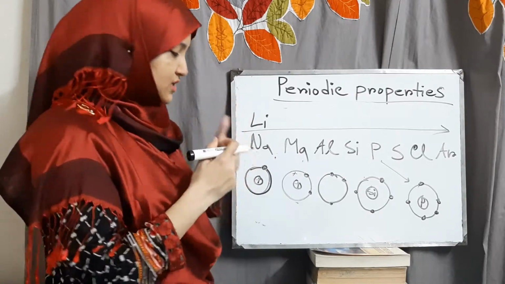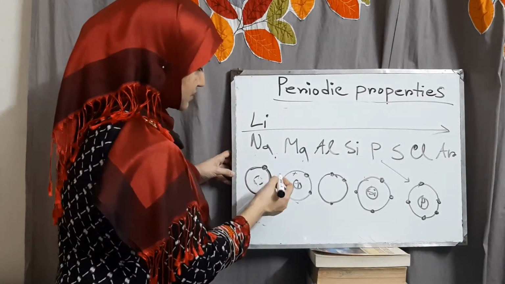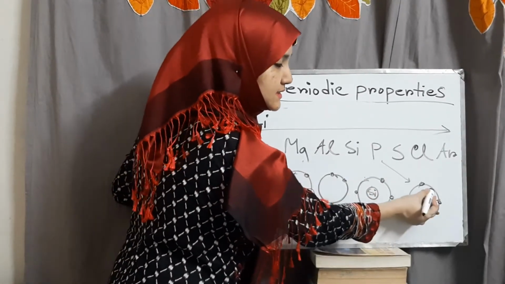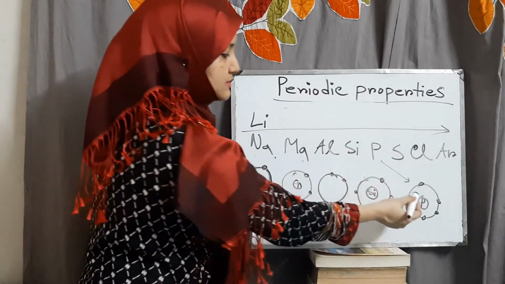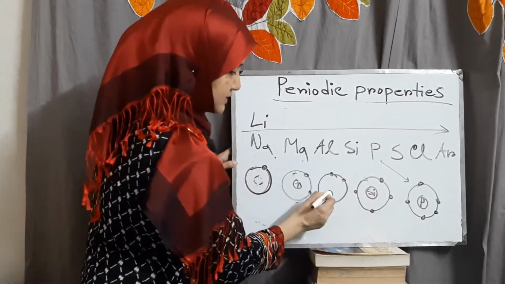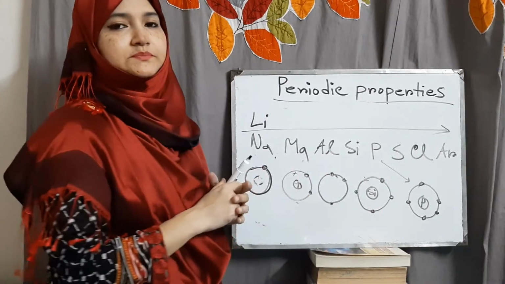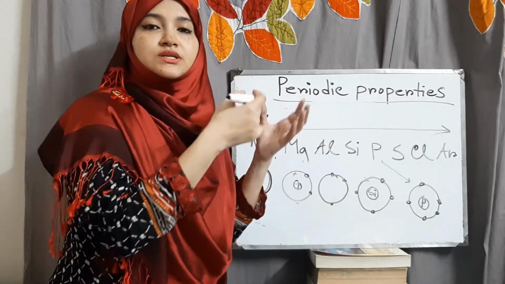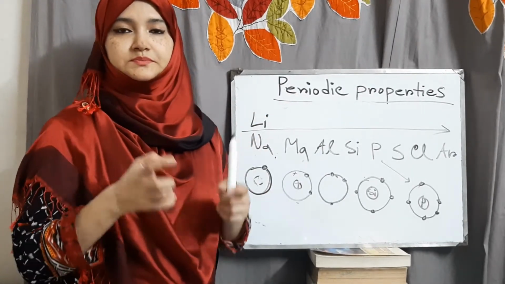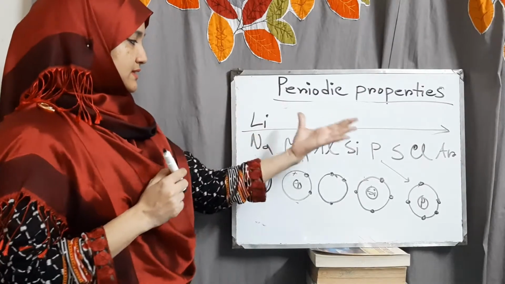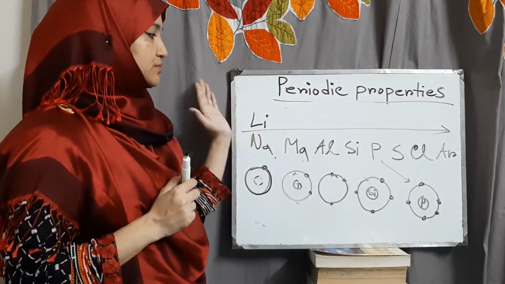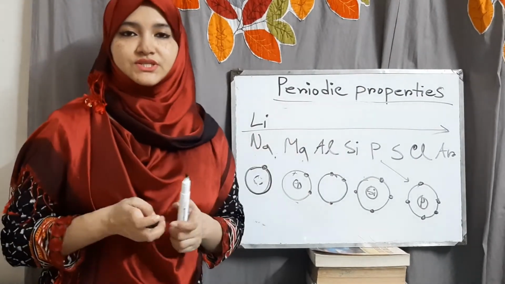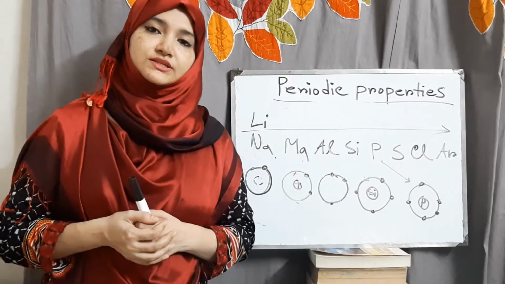That's why the nucleus attracts the outermost shell more in this element than this one, this element than this one. That's why the size of the atoms reduces. And that's why we can easily say when in a period we move from left to right, the atomic size or atomic radius decreases. Is it clear, student?